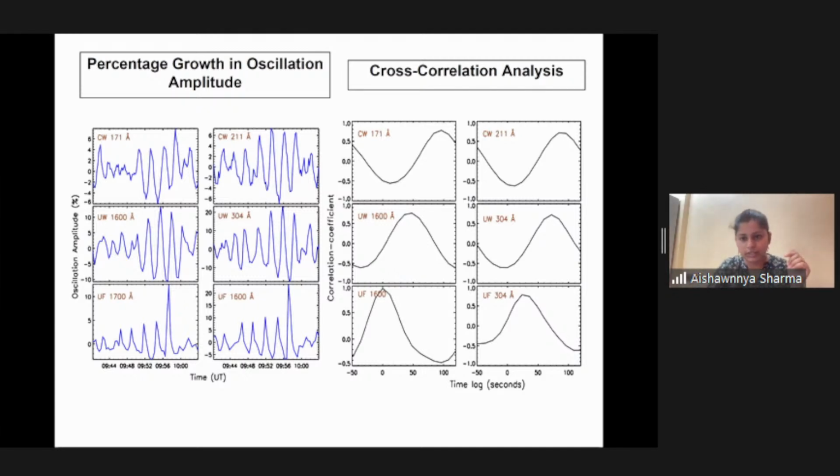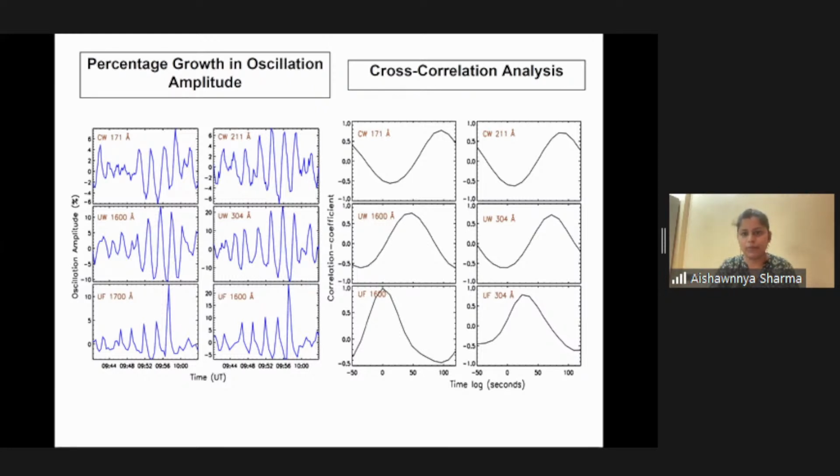Whenever these flashes are happening, AIA 1700 and 1600 are very near channels, so I can see there is a high correlation, near to 1. The y-axis is the cross correlation coefficient. Generally, if we get a correlation coefficient of more than 0.5, they are correlated, and the x-axis is the time, meaning at what time we are getting the correlation.